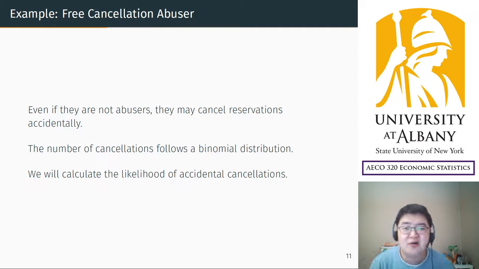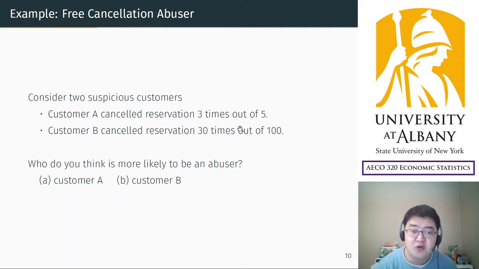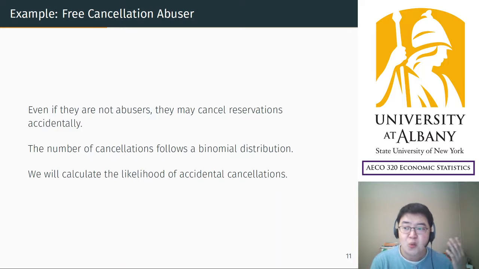They may be sick, or they may have had some other accidents. So these guys may not be abusers, and still customer A was very unlucky to have accidents 3 times out of five reservations, which is very unfortunate. Customer A may be innocent, not an abuser, but we don't know the truth at this point.